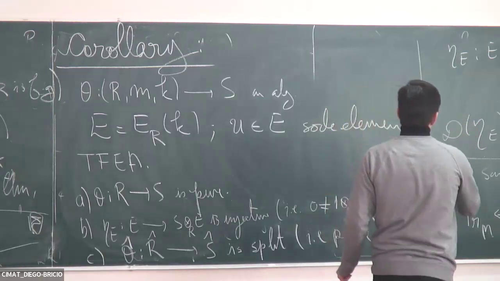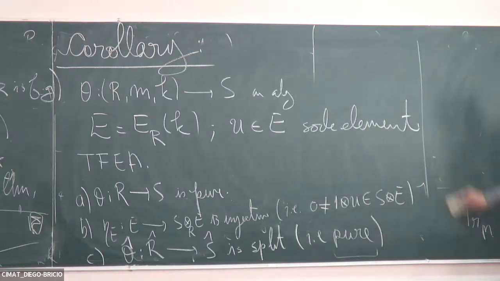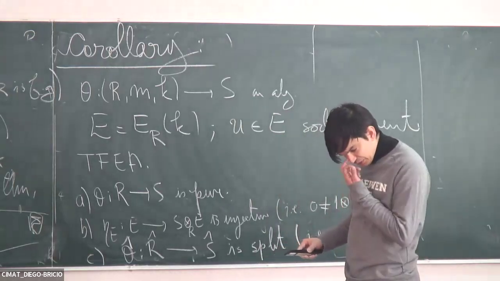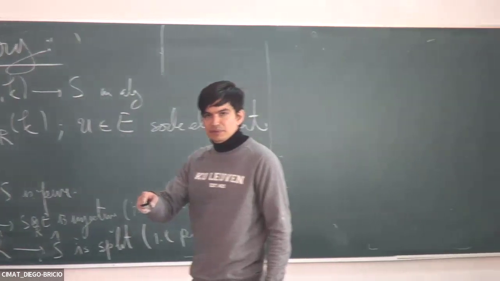Let's start with B, C. Actually, let's prove that B and C are just equivalent. Just B equivalent to C.